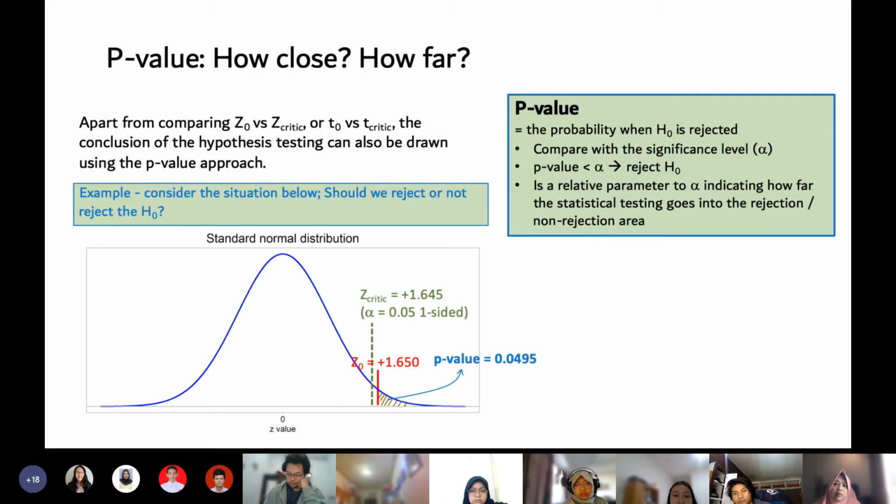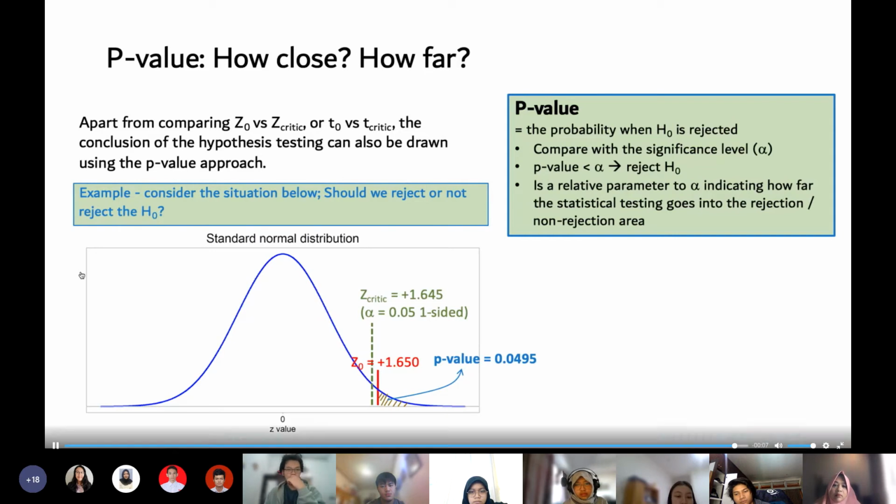We can compare the significance level with the p-value. If the p-value is less than alpha, then we can reject the null hypothesis. Please have a look at the Montgomery book to learn more about the p-value.